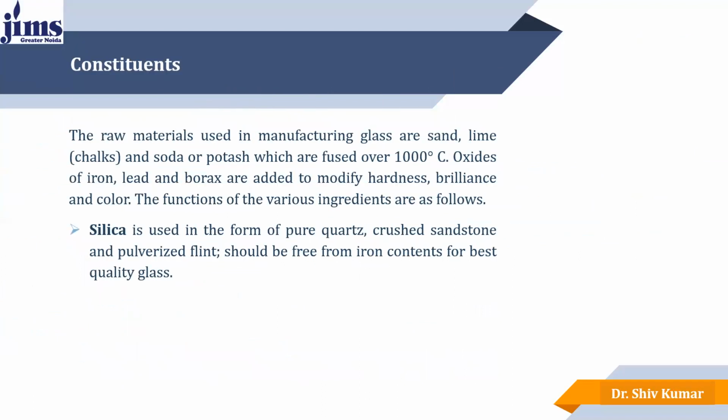When we talk about the constituents, the major constituent of glass is silica, which is used in the form of quartz, crust, sandstone, pulverized flint. It should be free from iron content for the best quality of glass.